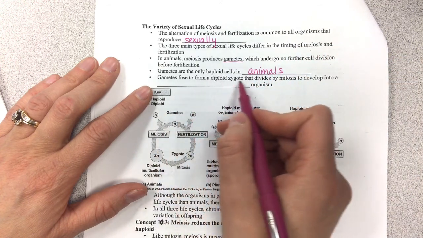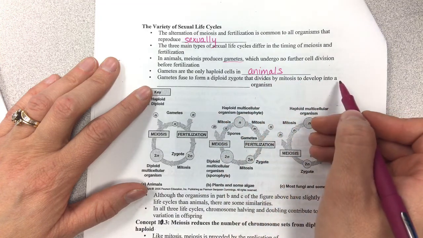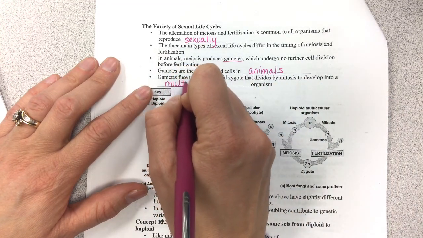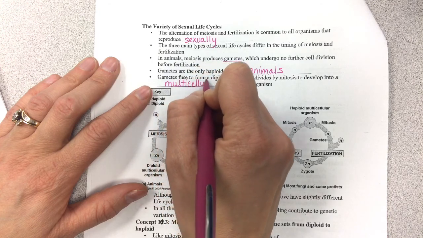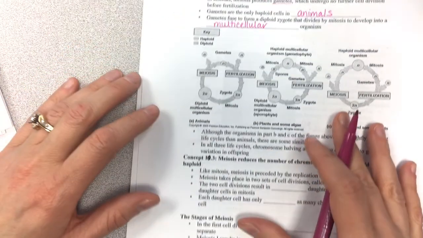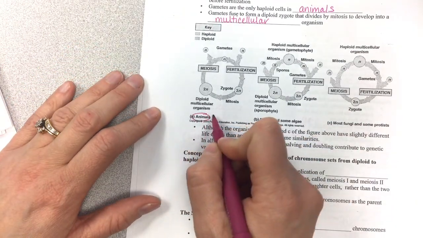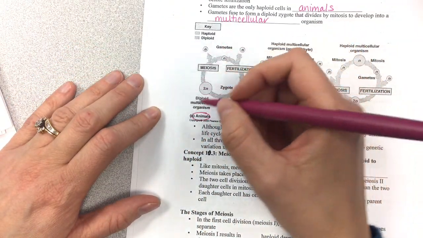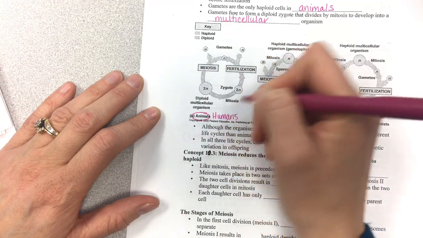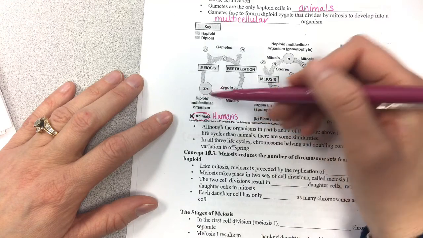Gametes fuse to form the diploid zygote that divides by mitosis to develop into a multicellular organism. So this right here is the same as humans and animals, going back to that previous picture.